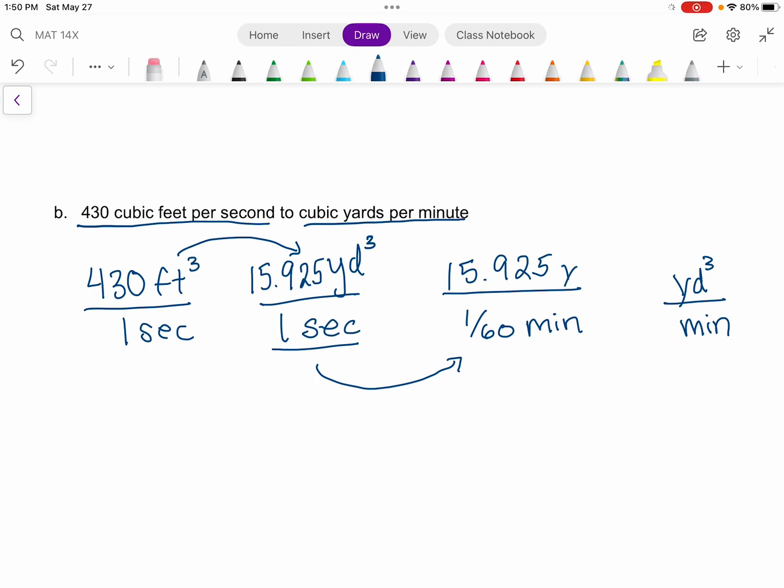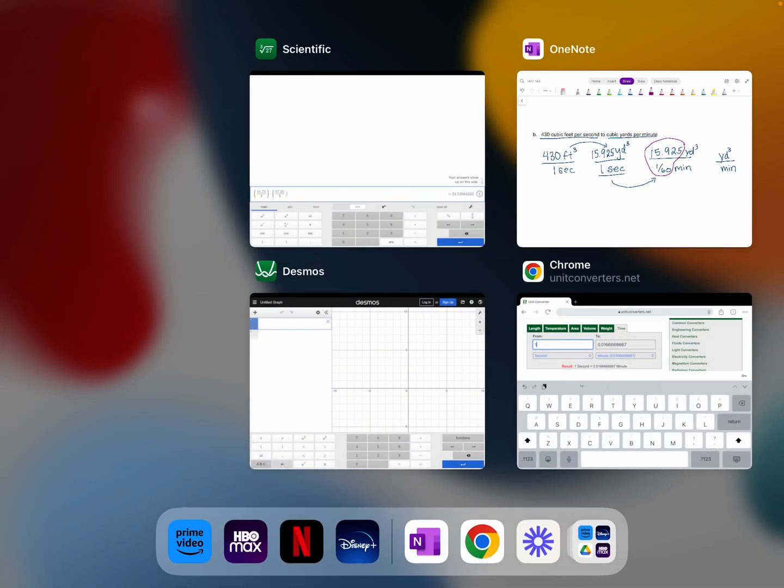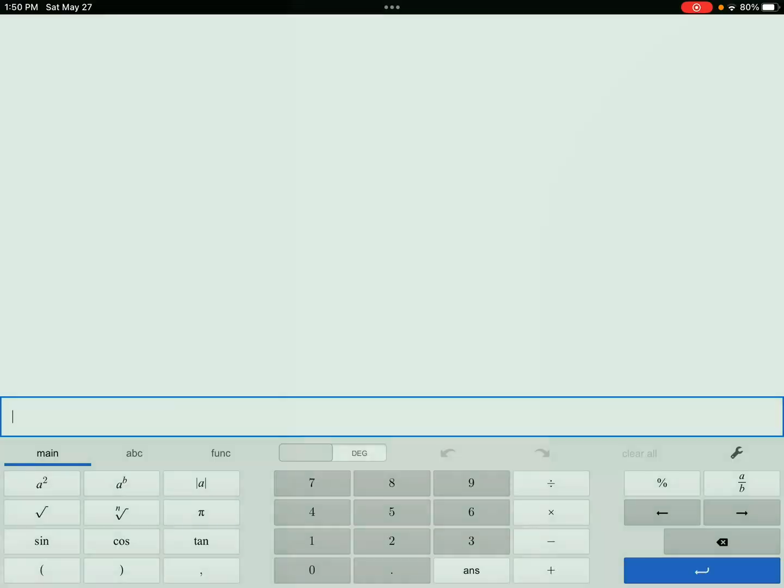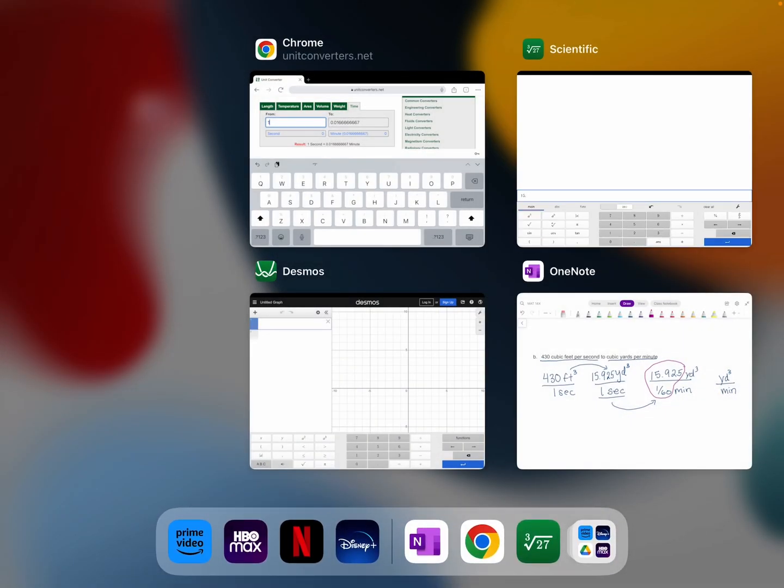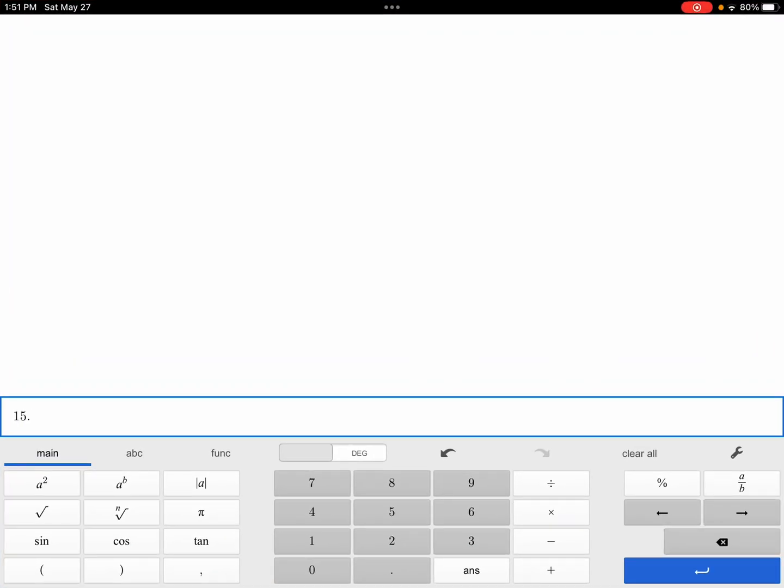And that's 15.925 cubic yards. And this really isn't in the unit rate format. We want it per 1 minute. And so we're going to take this piece right here, and we're going to throw that into an actual calculator. So let's go visit our calculator. So we're going to our Desmos app, and we have that 15.925.